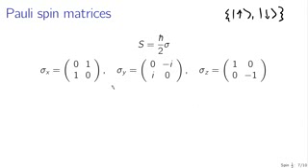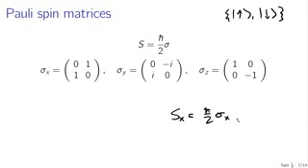So these are our Pauli spin matrices. The x component, for instance, S sub x, just to close the loop a little bit, is going to be h bar over 2 sigma sub x. Likewise, S sub y and S sub z, expressed in terms of these sigma sub x, sigma sub y, and sigma sub z.